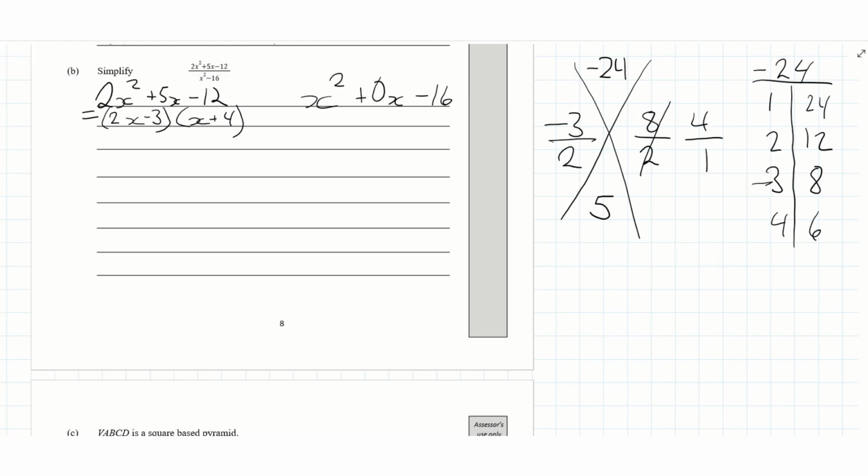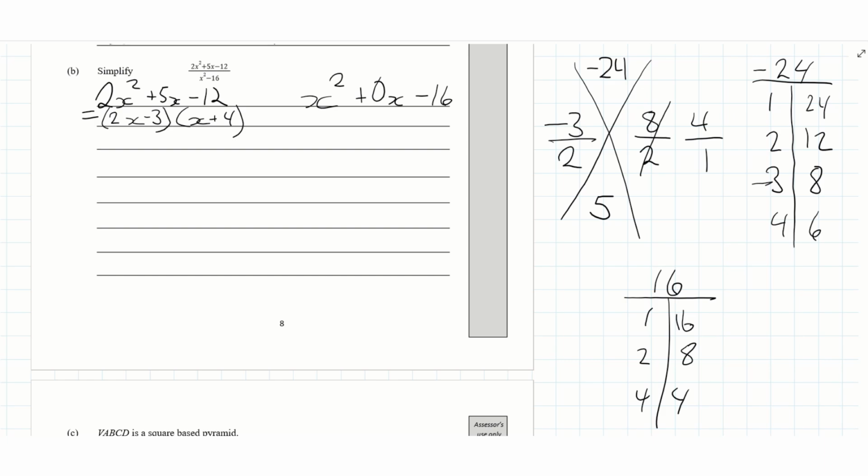So when we're doing our factorization, what we want is a number that multiplies up to negative 16 and adds to 0. If I put my factors of 16 over here, I'm going to do 16 right there, and then I'm going to find my factors, which are 1 and 16, 2 and 8, 4 and 4.